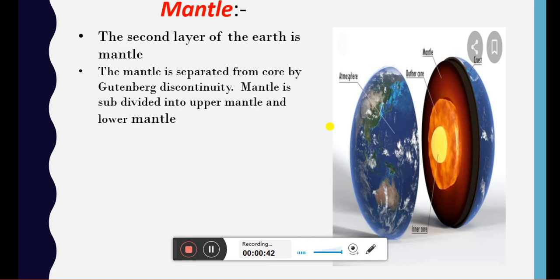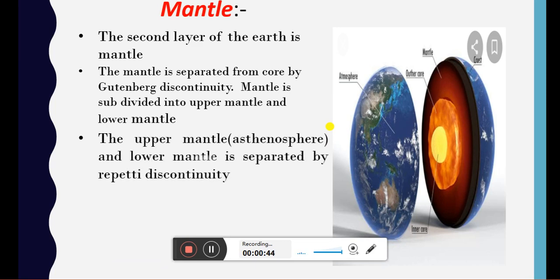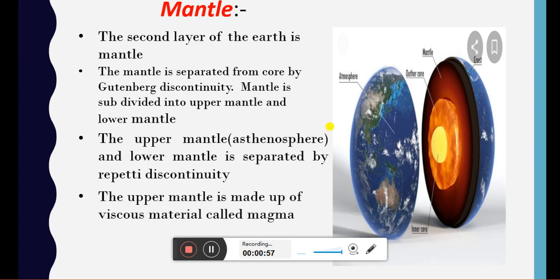We know the mantle is separated from the core by the Gutenberg discontinuity. Mantle is subdivided into upper mantle and lower mantle. The upper mantle, the asthenosphere, and the lower mantle are separated by the Repetti discontinuity. Here I would like to tell you the upper mantle is made up of viscous material called magma.